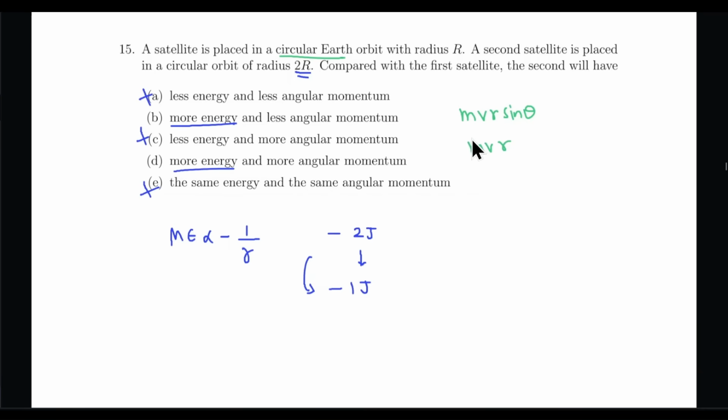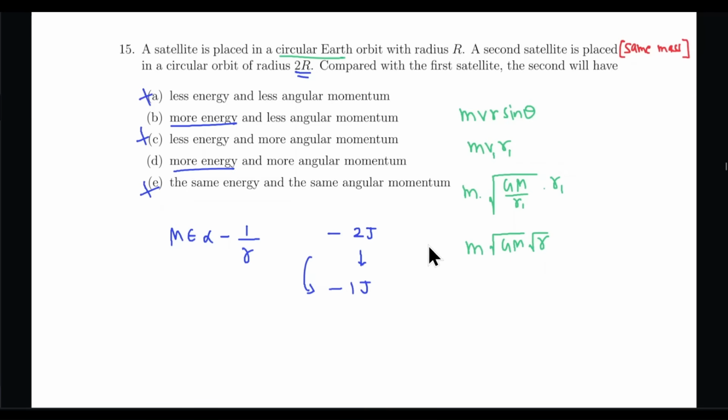So you have to take the same mass over here. So m, v1, r1. Now we need to eliminate this v because we know that the orbital speed is given by root of GM over r1. So this will become m root GM, and r over root r will become root r.